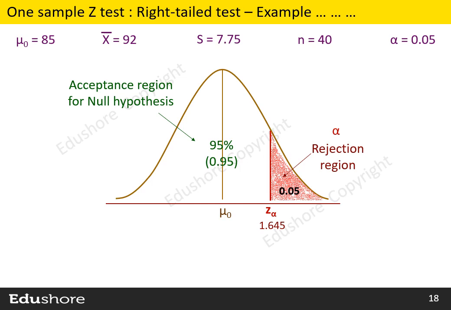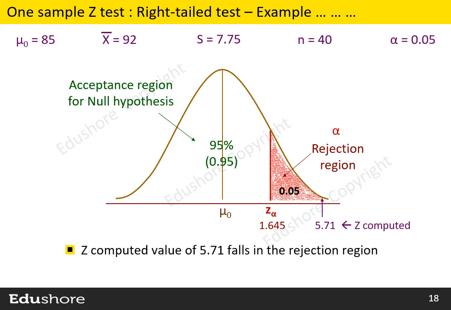If the Z computed value falls in this rejection region, we reject the null hypothesis. If the Z computed value falls within the acceptance region, which is less than 1.645, we accept the null hypothesis. For this example, the Z computed value is 5.71, which clearly falls in the rejection region. So we reject the null hypothesis and accept the alternate hypothesis H1. Mu is greater than 85.